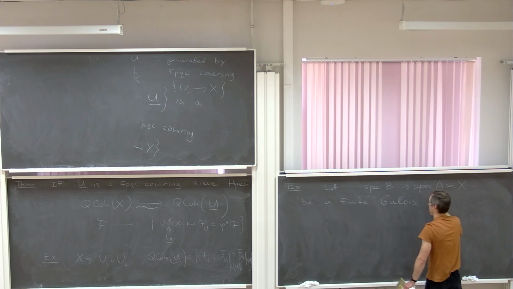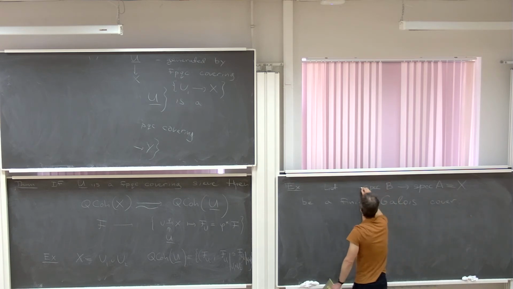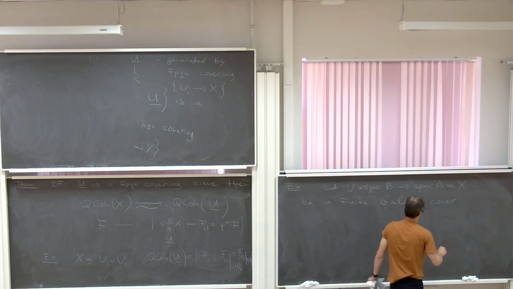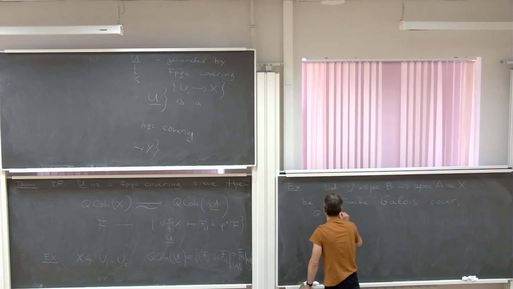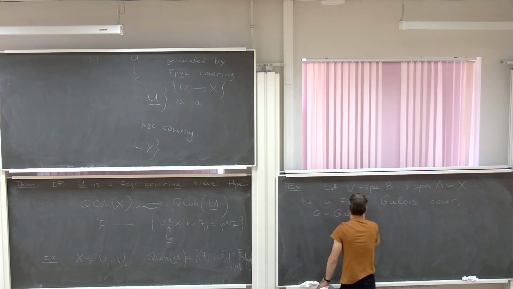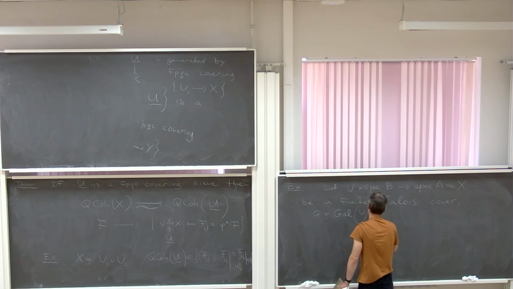So this is the cover, and let's say this is U. And say its Galois group G is Galois, the stack G of X, right?